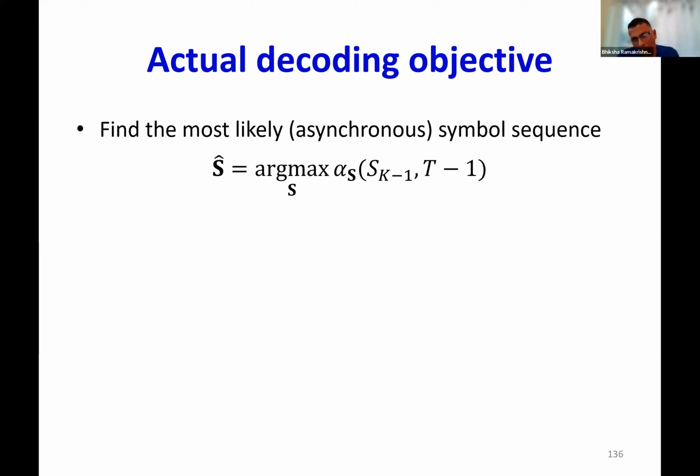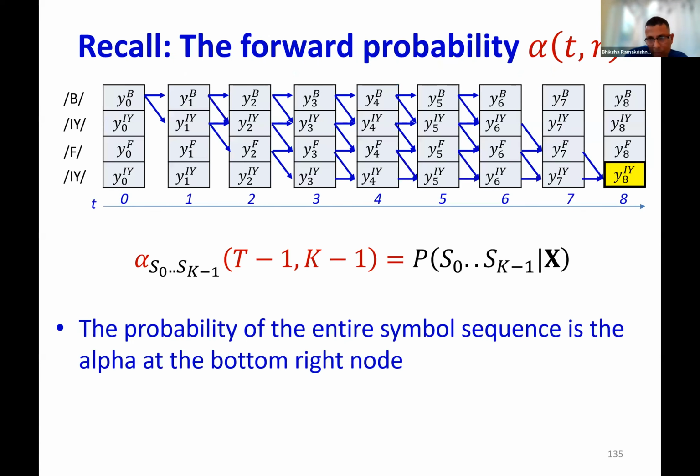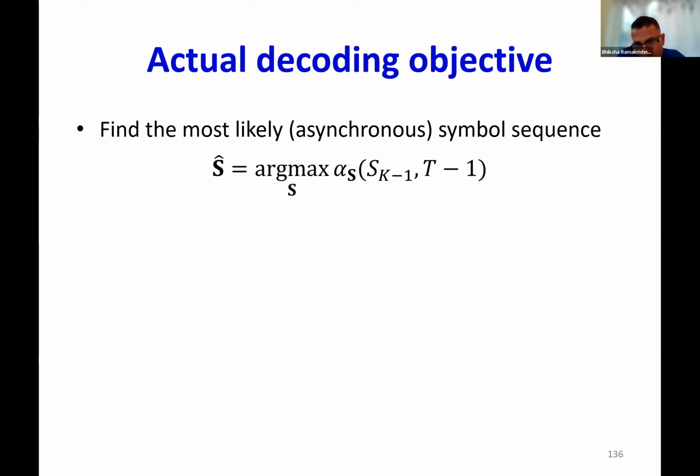Yeah, okay. What do you mean by not clear how it solves the problem? I thought this was supposed to solve the greedy approach. So here's what is happening. Do you agree that this is the total probability across all alignments? Yes. And do you agree that what we really want to do is to pick the symbol sequence that has the highest total probability? Yes. And does this equation make sense?